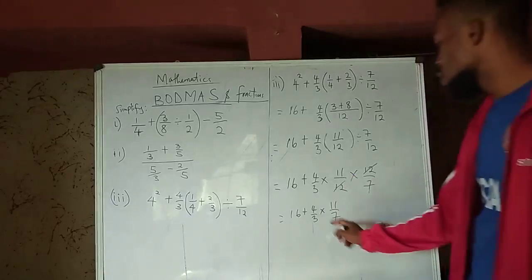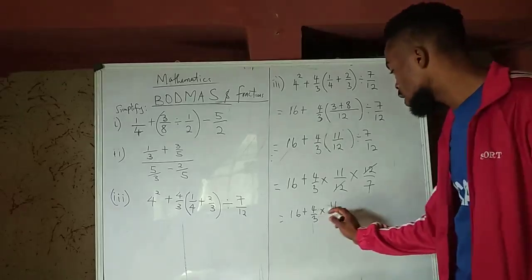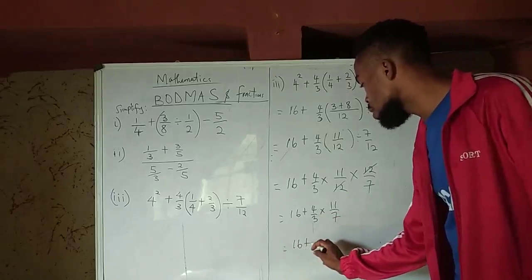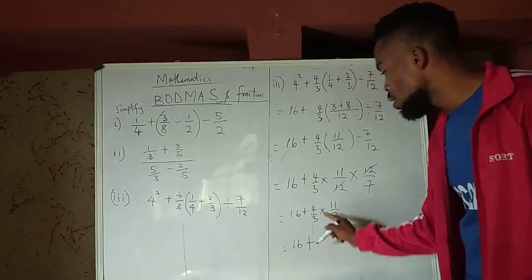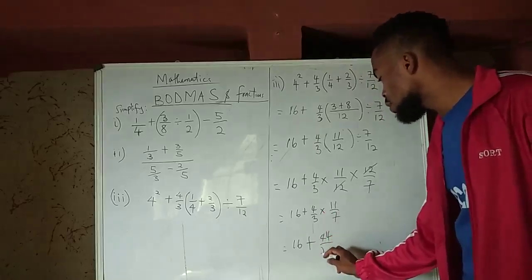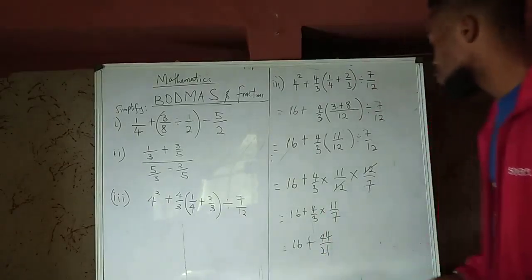Okay, now I'll still have to do my multiplication. So 4 times 11 is 44, all over 3 times 7, which is 21.